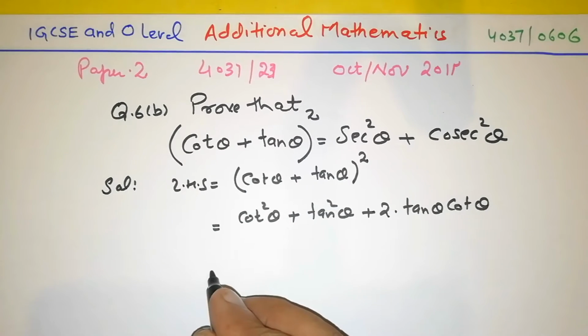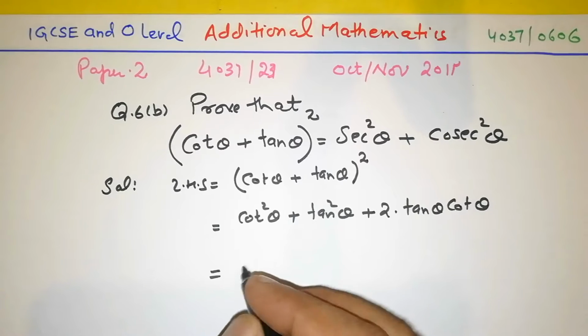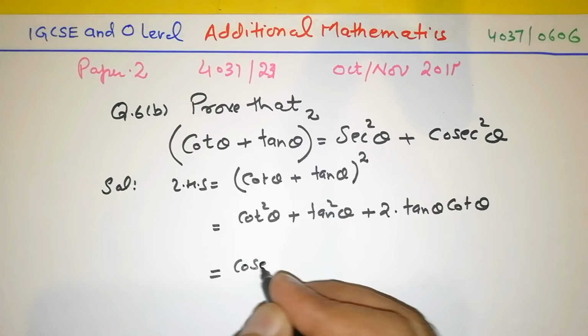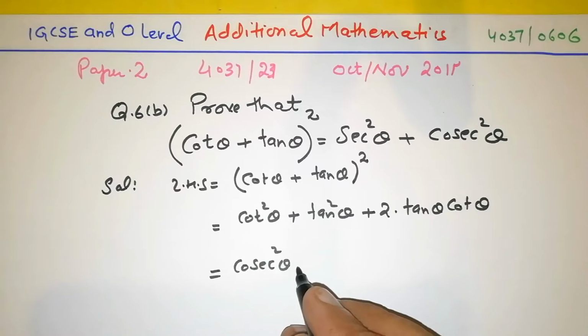So what is the value of cotangent square theta? By the fundamental identity, 1 plus cotangent square theta is equal to cosecant square theta. Therefore the value of cotangent square theta is cosecant square theta minus 1.